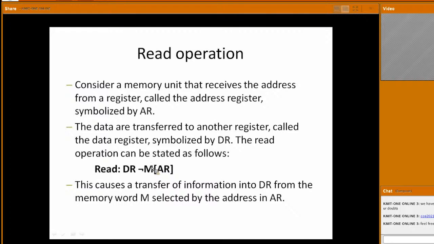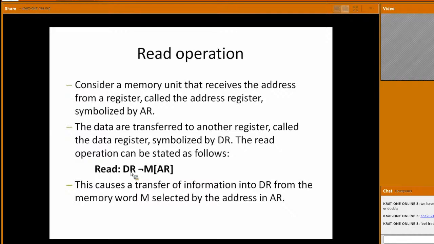So, whatever the data is present at the memory word specified by this address register, assume that the value of AR is something like 100. That means whatever the memory word is present at the specified address, that is at 100th location of your memory component, is read, and that content will be moved into the data register.